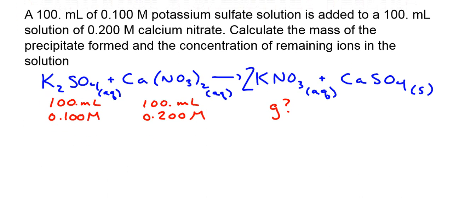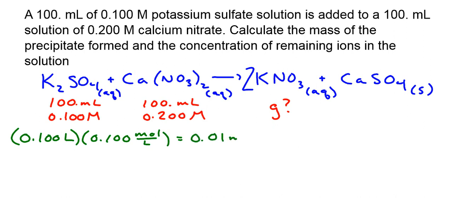This is a limiting reactant problem in the beginning. So I want to know how many moles I have of each. So simply put, I multiply the liters by the molarity. I get my moles.